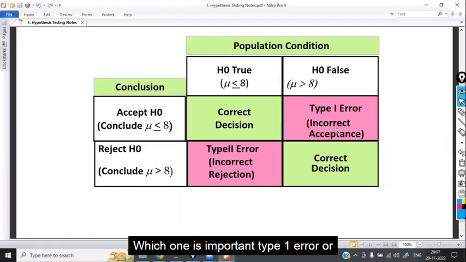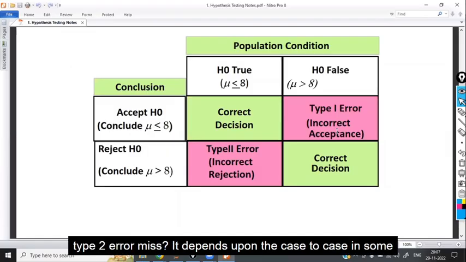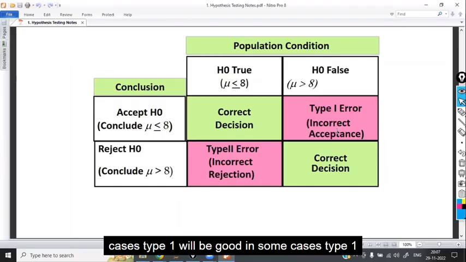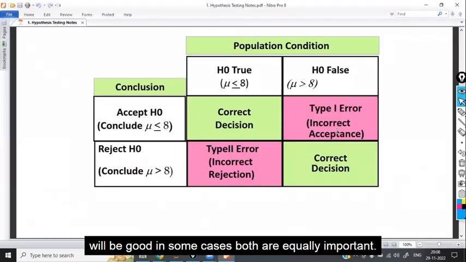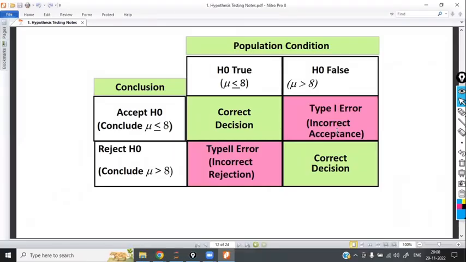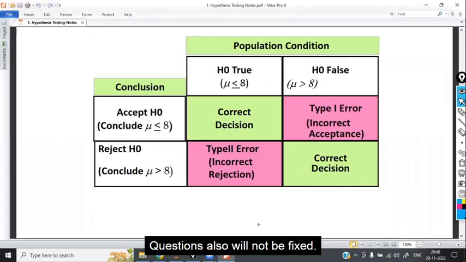Which one is important, type 1 error or type 2 error, depends on the case. In some cases, type 1 will be important, in some cases type 2, and in some cases both are equally important. Positions also will not be fixed.